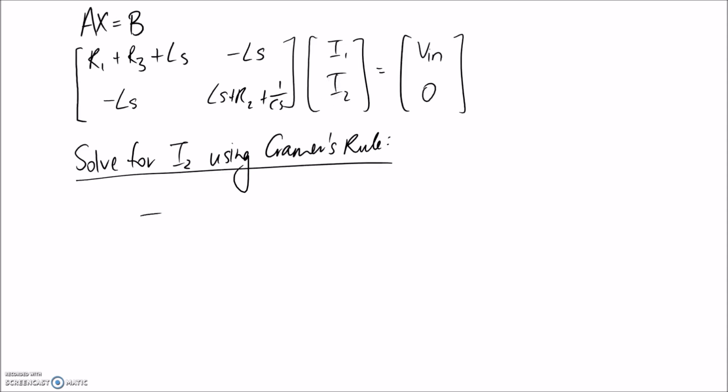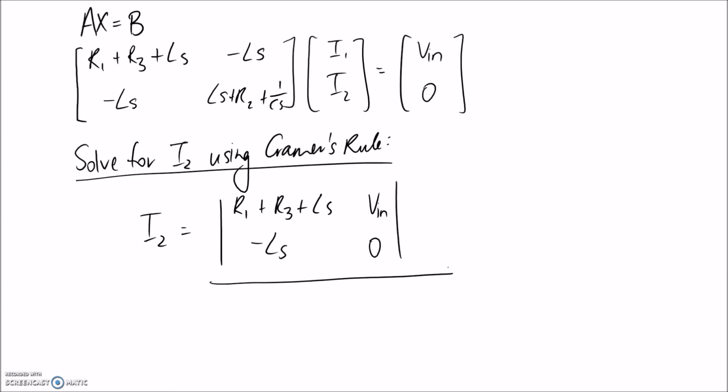So I2 is going to be equal to the determinant, where the second variable goes into the second column, divided by, we need to just copy down our A matrix now.